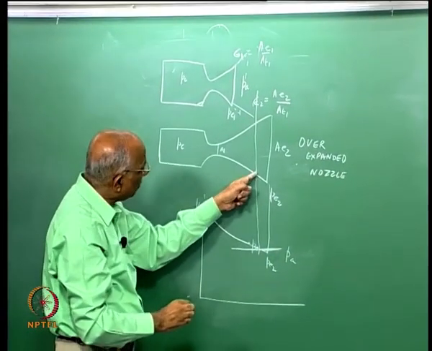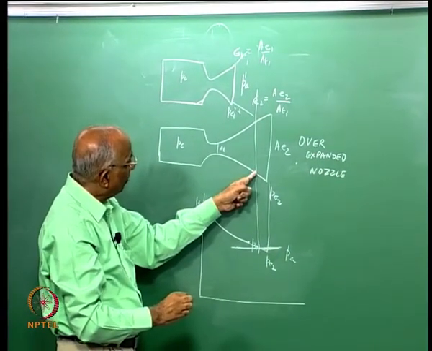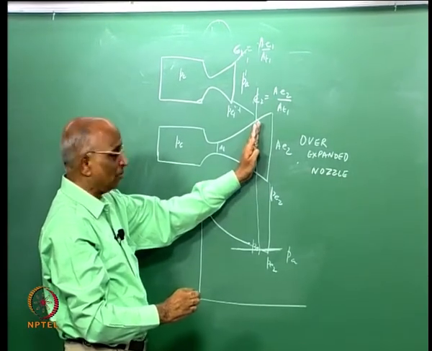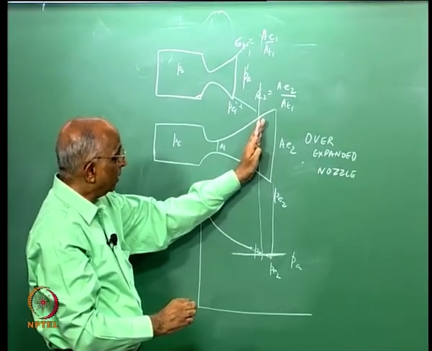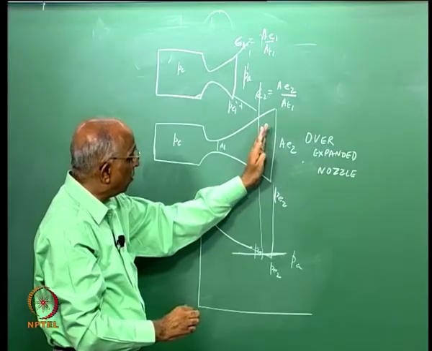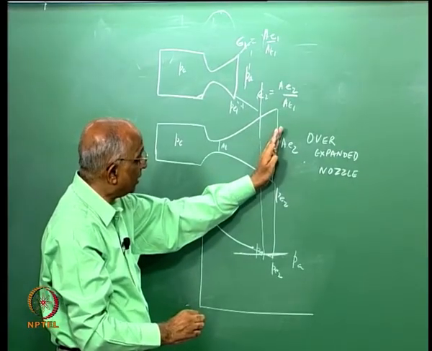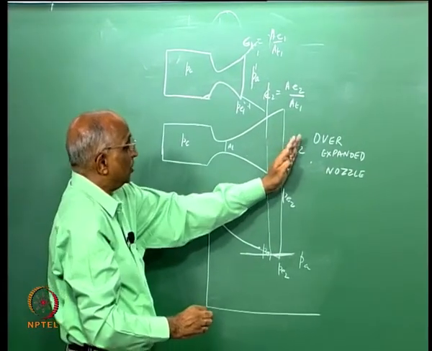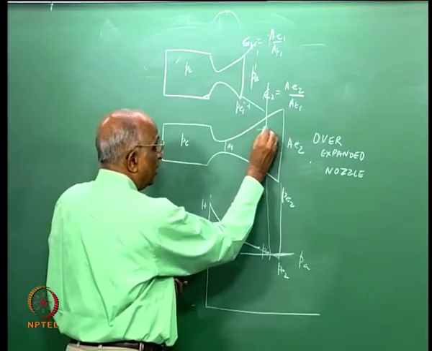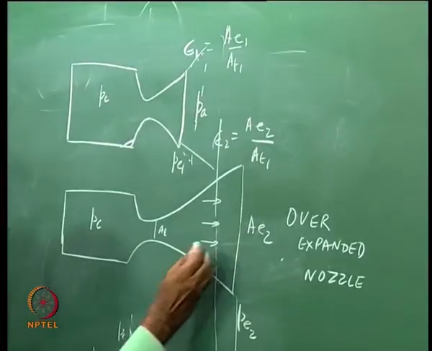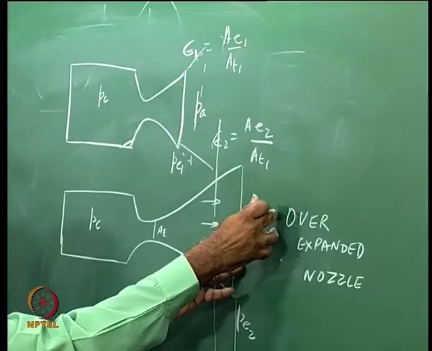What is the problem with the over expanded nozzle? Well, the pressure here itself is equal to the ambient pressure. That means the pressure is going to decrease, and it is just not possible. Mind you, the flow here is supersonic, it does not know the conditions existing over here.